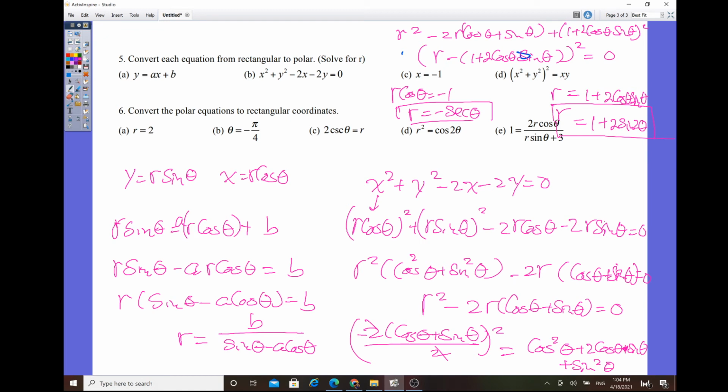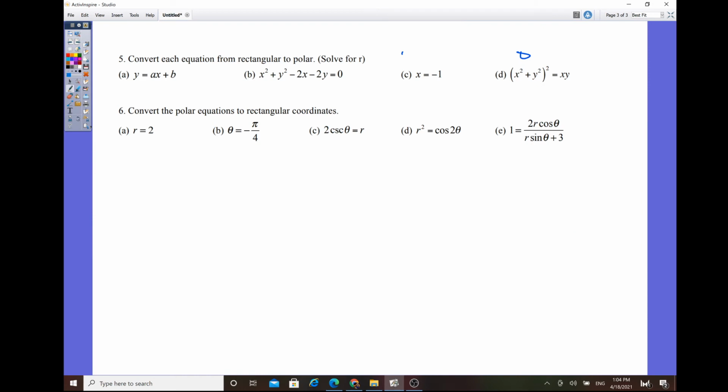r squared. Okay, let me just clear all this annotation. Okay, so for this one, it's r squared equals xy. xy is just like r cosine theta, r sine theta. So we do have r squared equals r squared cosine theta sine theta.